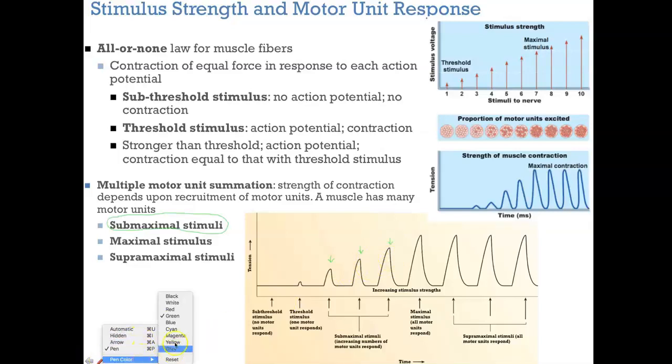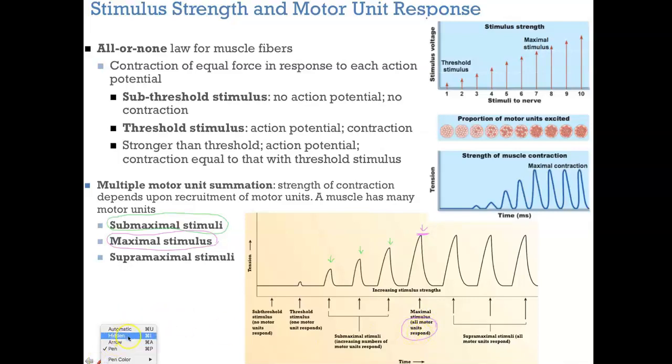Now it isn't until we reach our maximal stimulus that we get that maximal tension. We cannot recruit any more motor units. This means all of our motor units are working. Those muscle fibers are all stimulated and contracting.